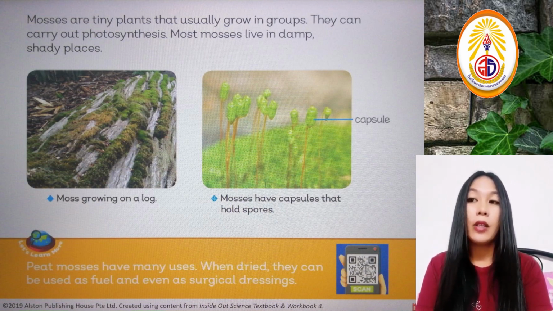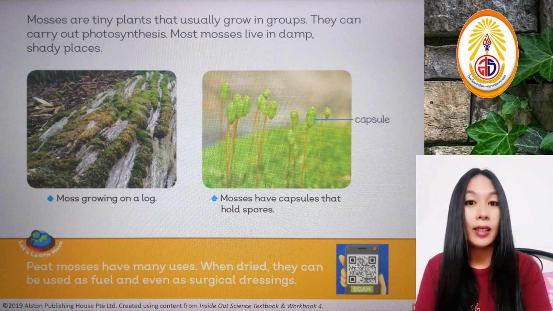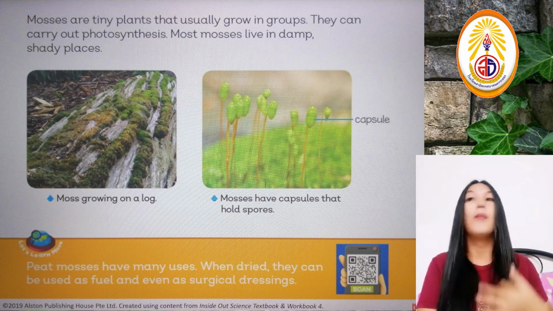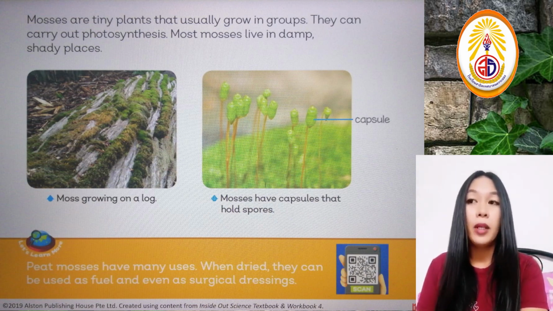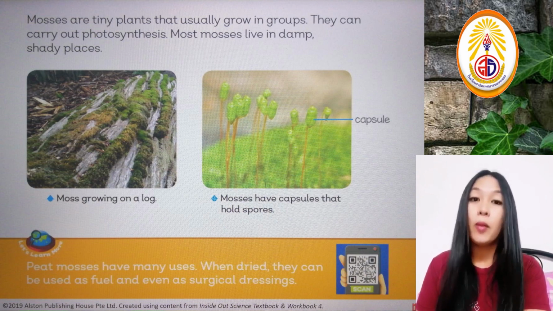They are not under the sunlight. This is a moss growing on a log. It grows in a forest, and we know that forests are damp, a little bit wet.